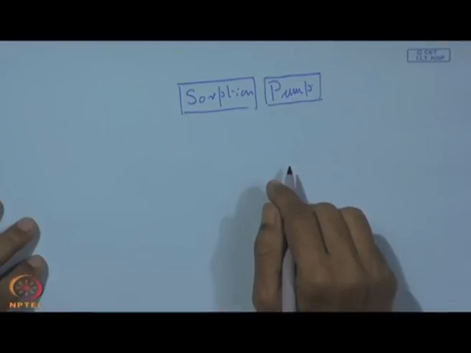So, that was the principle of the sorption pump, and it was mostly physical adsorption on the surface. This molecular sieve surface was used for adsorbing the molecules, and it is not a high vacuum pump, but a roughing pump. It can be considered as one of the substitutes for a rotating vane pump.